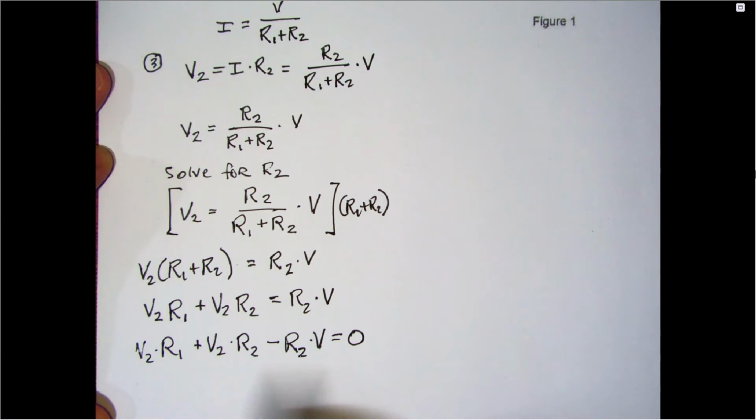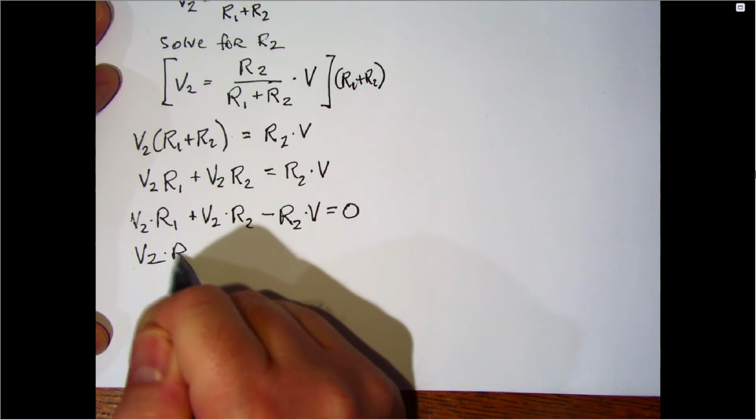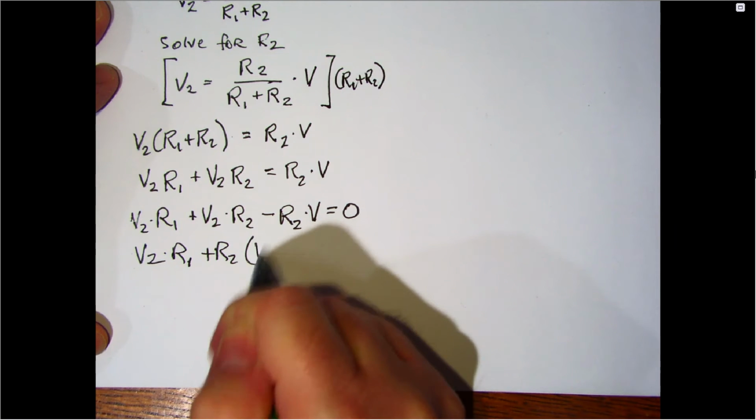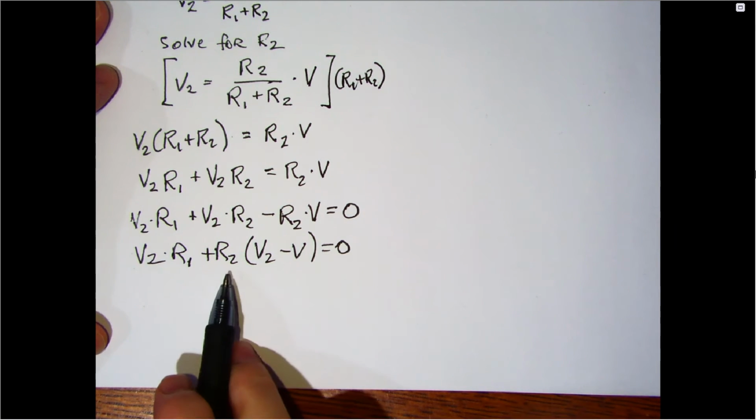Now I can collect up the R2 terms: V2 times R1 plus R2 times V2 minus V equals 0. And I've got R2 isolated.